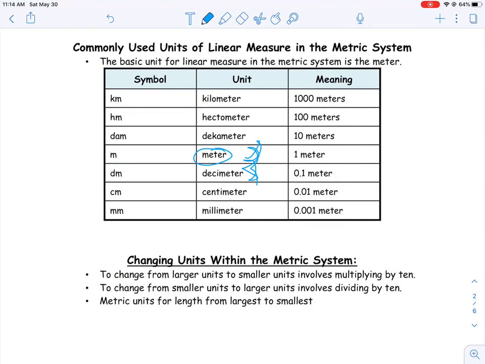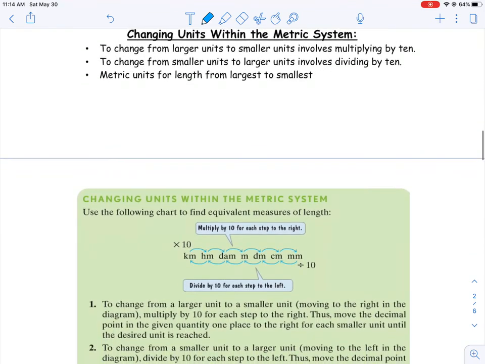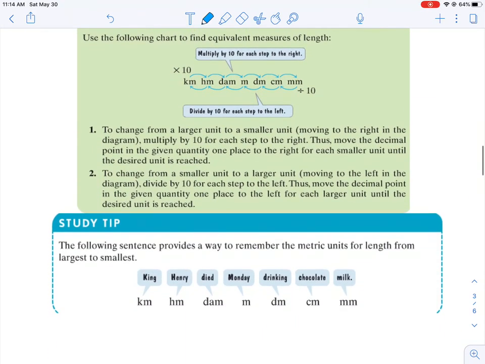Now, how the heck are you going to remember which one goes in what order? And so there is kind of a trick that we can use to help us remember the order within that metric system. Okay? It's kind of a silly saying, but it is King Henry died drinking chocolate milk. Or if we're talking about meters and length, we can say King Henry died Monday drinking chocolate milk.